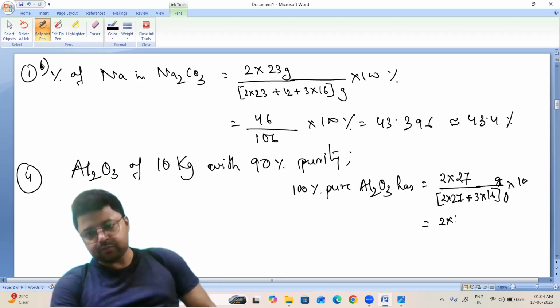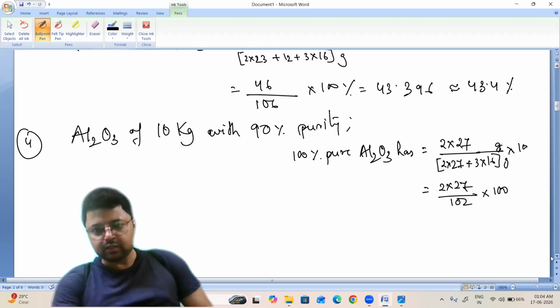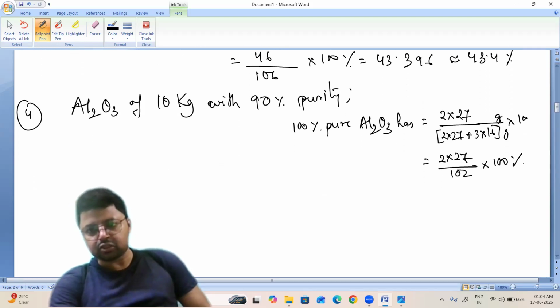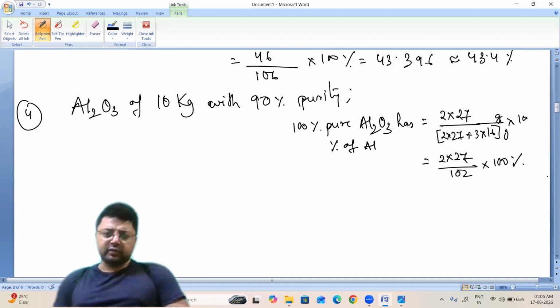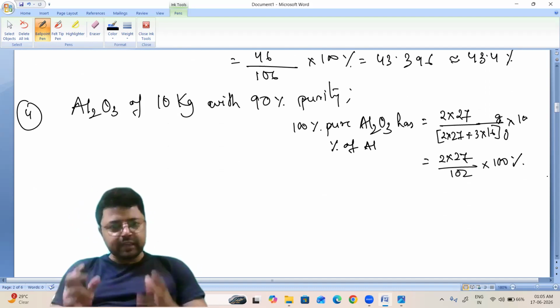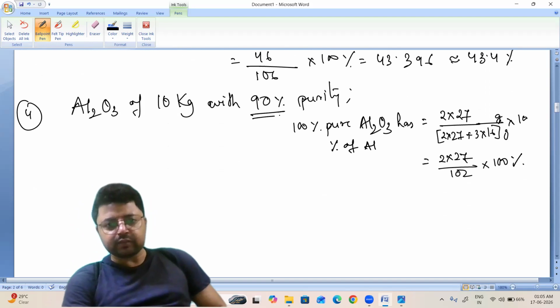So 2 times 27 divided by 102 times 100. So 100% pure aluminium oxide will have this much percentage composition of aluminium. The sample has 90% purity, so they have given 90% purity.